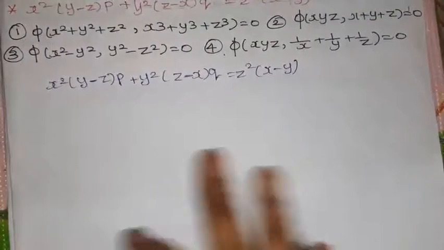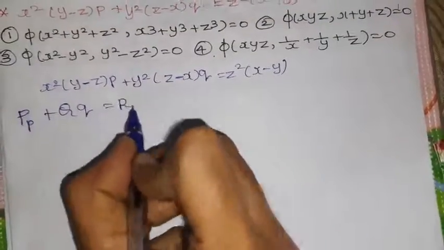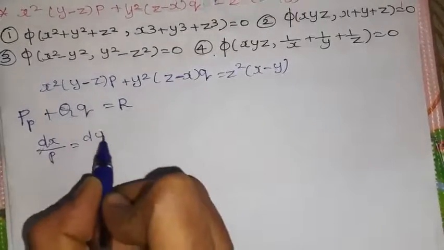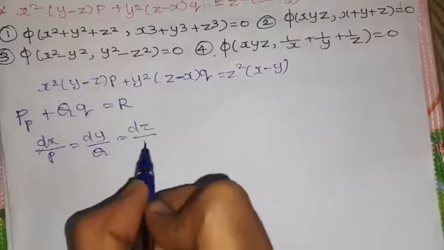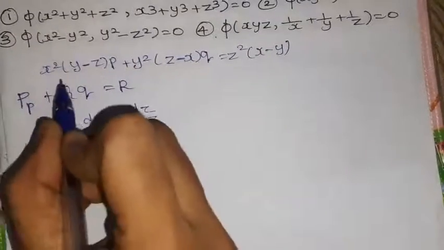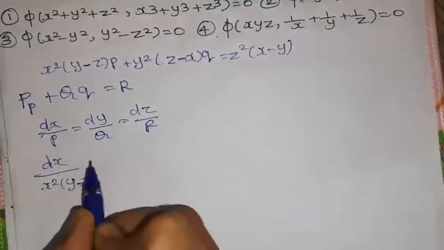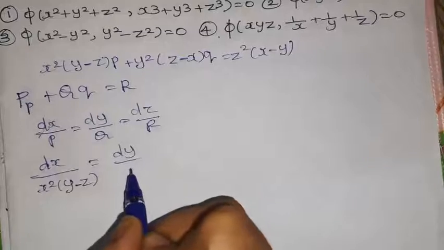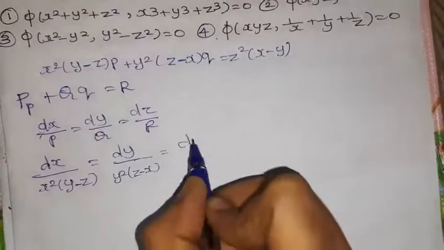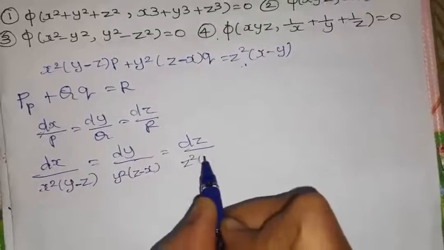So this is of the form Pp plus Qq equal to R. Then what is the auxiliary equation? dx by P, dy by Q, dz by R. So dx by x squared into (y minus z) equal to dy by y squared into (z minus x) equal to dz by z squared into (x minus y).